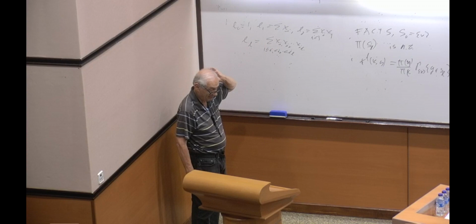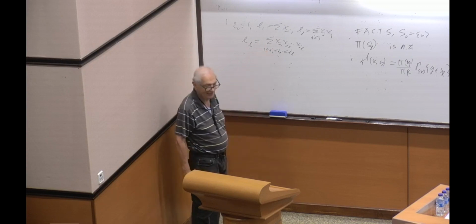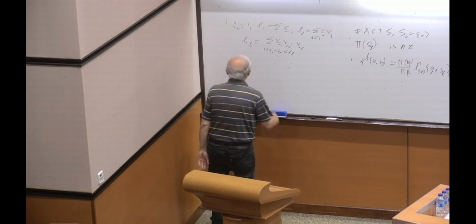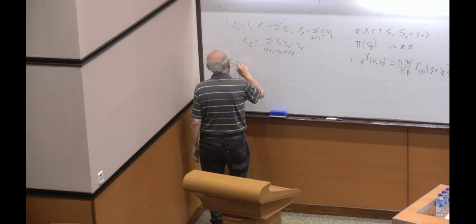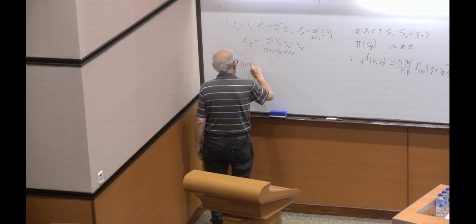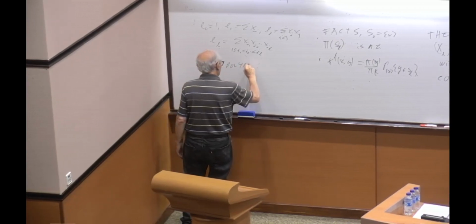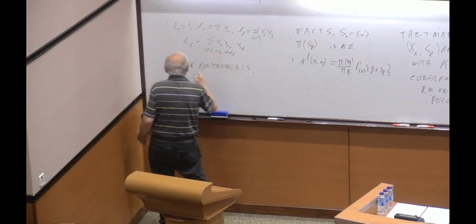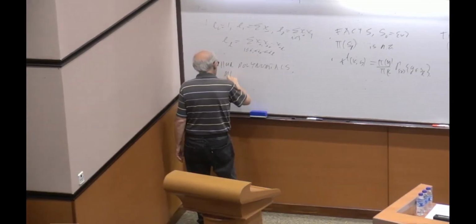And so there's a bunch of bases. There are lots of them, actually. But there's a magic basis, which are called Schur functions. I'm just going to say they're a magic basis.